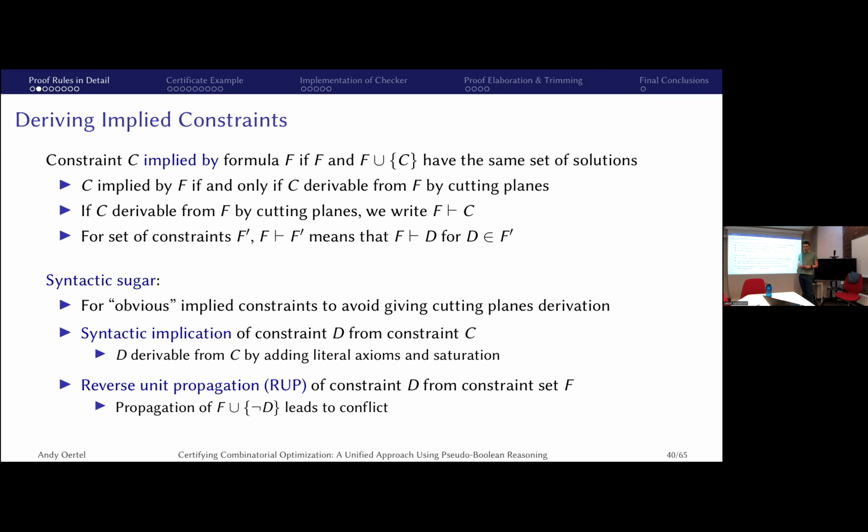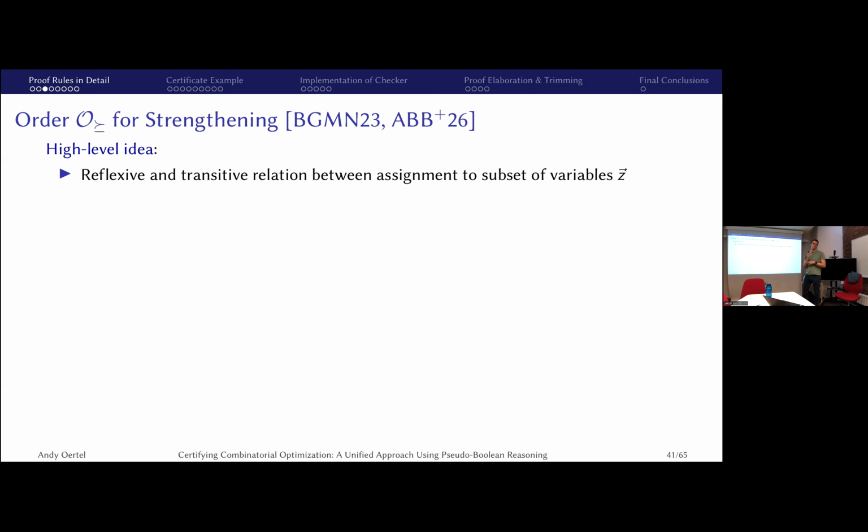Then for strengthening constraints, let me first introduce the order that I showed you on the first slide of this part. You can think about the order somewhat like an objective, where you're sorting different assignments.